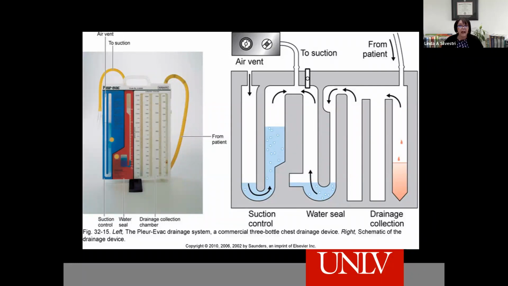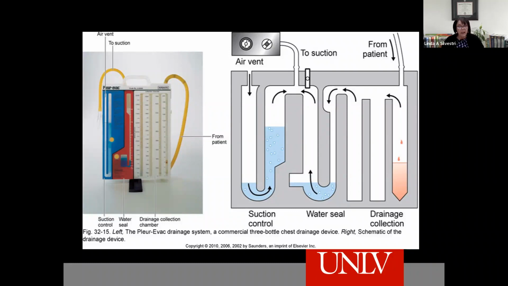And if it doesn't, then that's a concern, okay? Your suction control chamber is what it says, suction control, and it's attached to suction. What you want to see in there is gentle bubbling. You will always see gentle bubbling in the suction control chamber, because that means it's working and it's helping to pull that air and fluid out of that patient, okay?